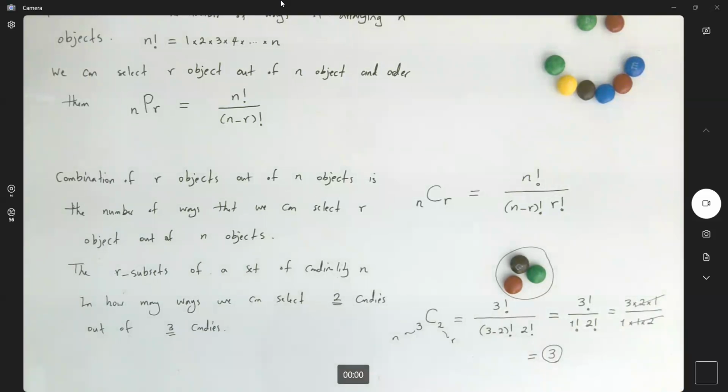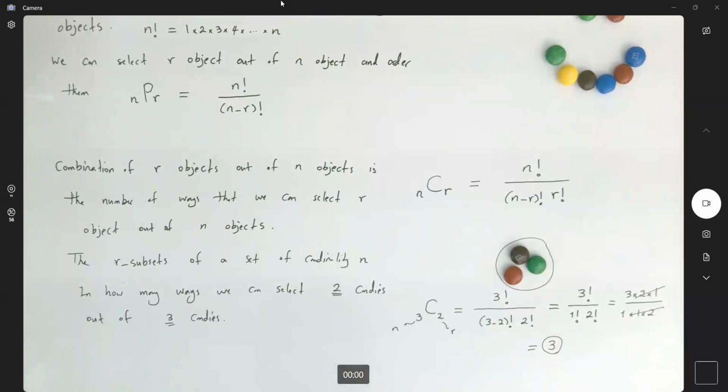Well, show us. Okay. You have red, brown, and green. You can select red and brown. This is your first option. You might select red and green.